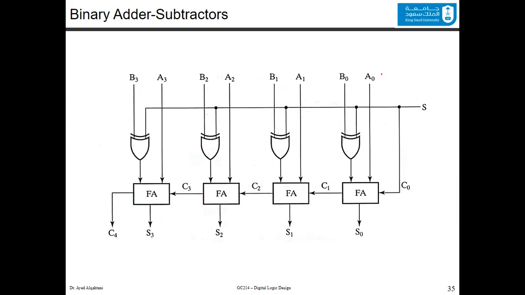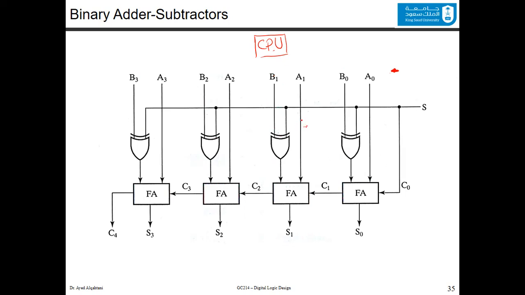Now, this hardware is very critical and important because, as you know, any computer has inside it the CPU, the central processing unit. And one major part of any CPU is an n-bit adder. The n-bit adder in any CPU is actually designed using a similar idea as this one.